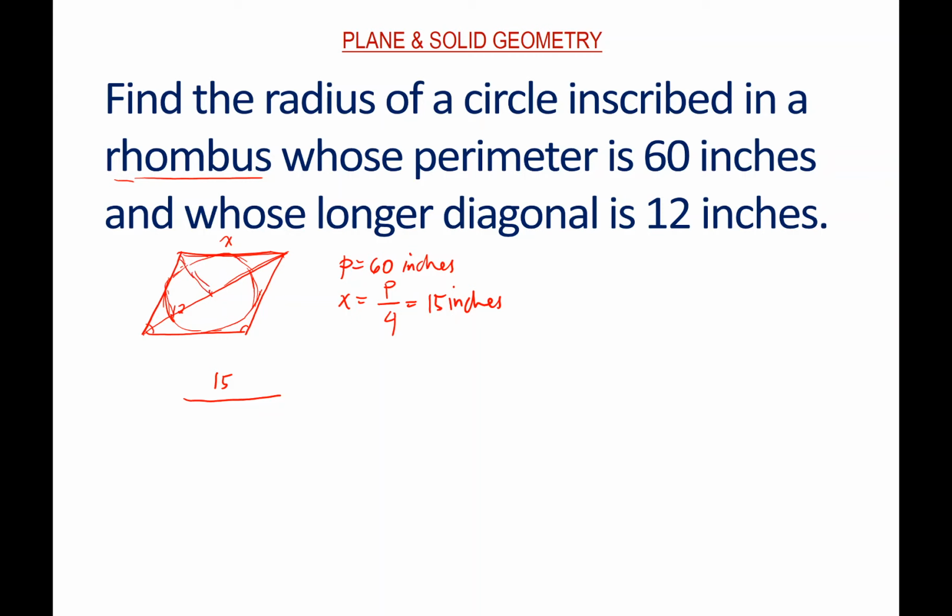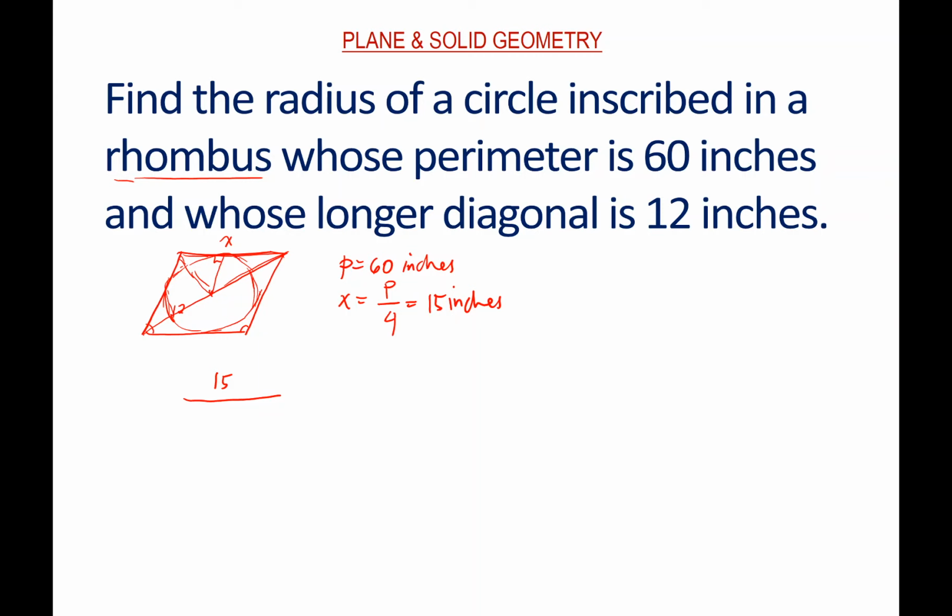Okay, so our goal is to find the radius of the circle. How to find the radius of the circle? We just simply get this point here. This point, tangent to the circle from the side of the rhombus, is perpendicular to each side and goes towards the center.